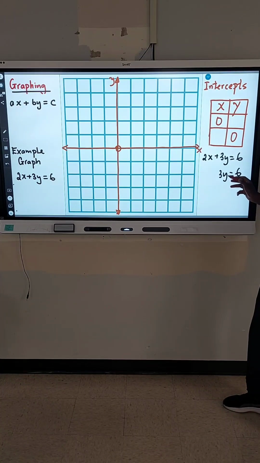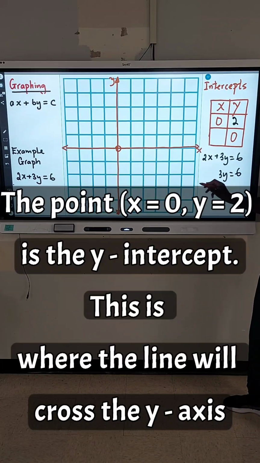Now, 3 times a certain number equals 6. So when x is 0, y will be 2, because we can divide here by 3 and divide here by 3 and we get y equals 2.